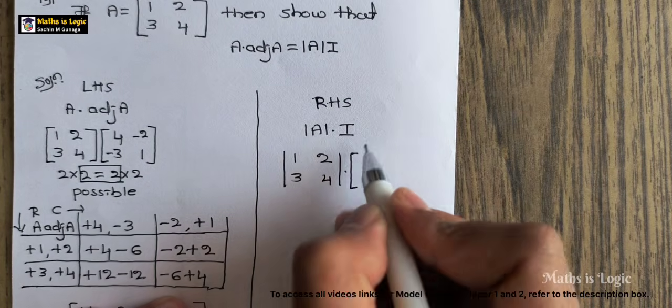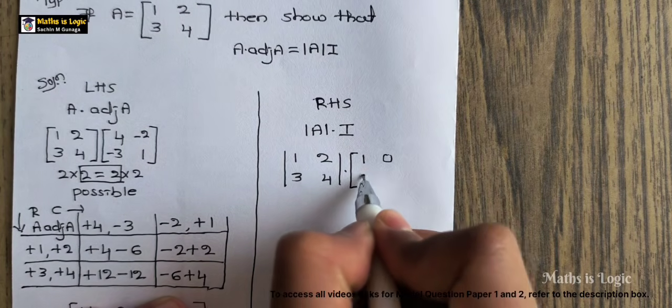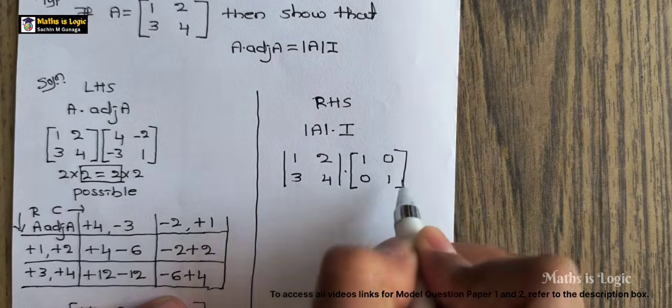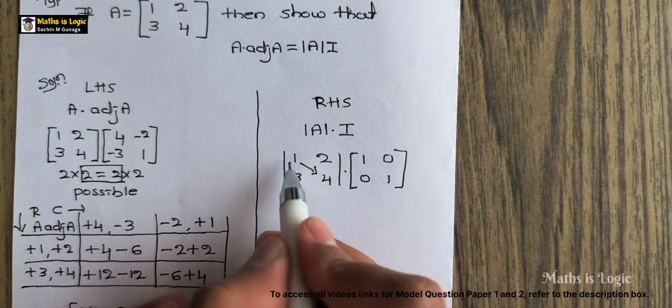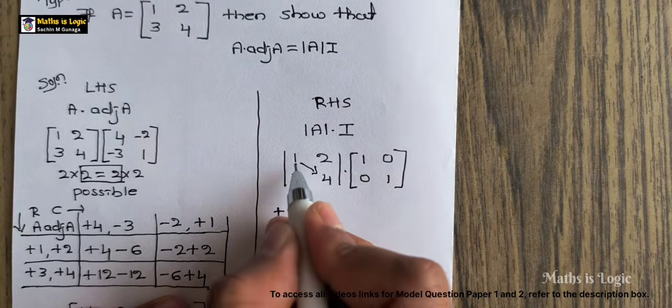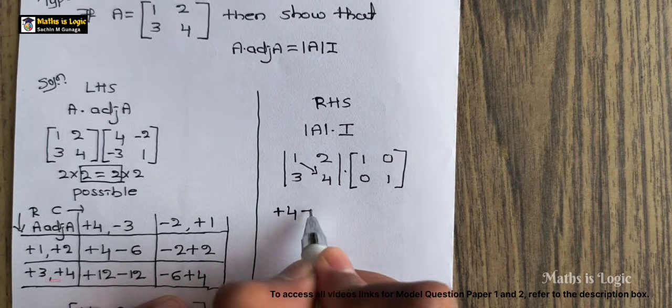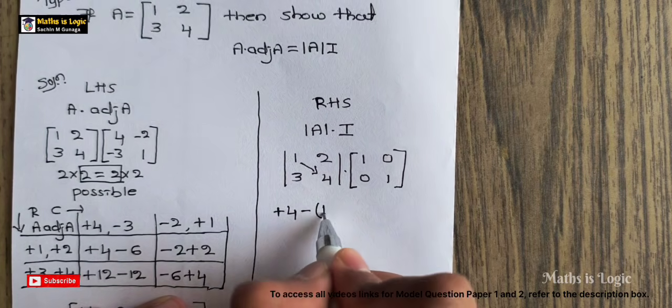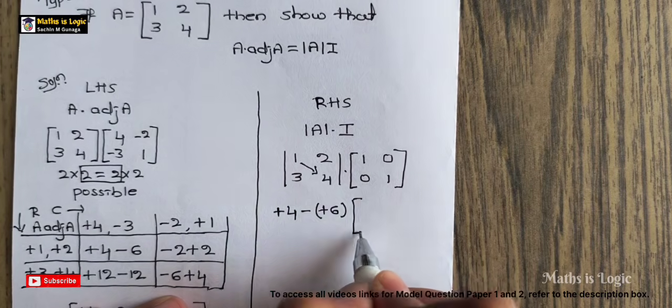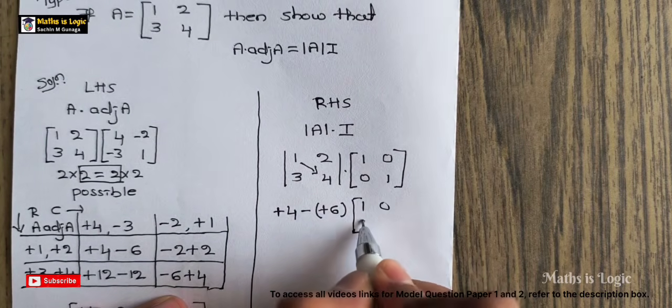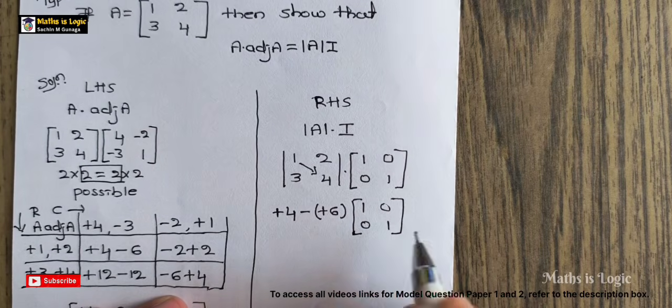I indicates the identity matrix, whose value is 1 0 0 1. Apply the second order determinant rule. Plus into plus is plus, 1 into 4 is 4, middle minus sign, plus into plus, plus 3 into 2 is 6, into, keep the identity matrix as it is, 1 0 0 1.